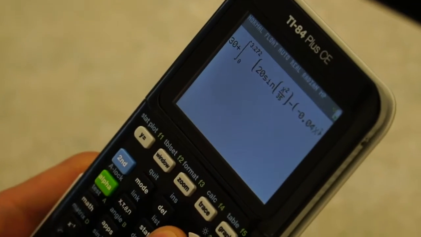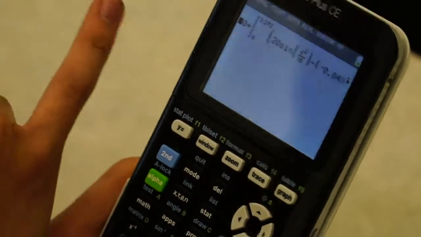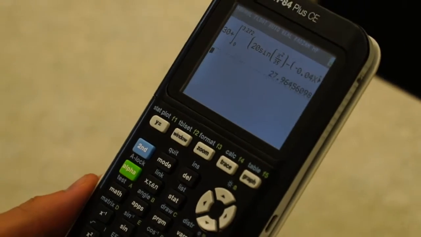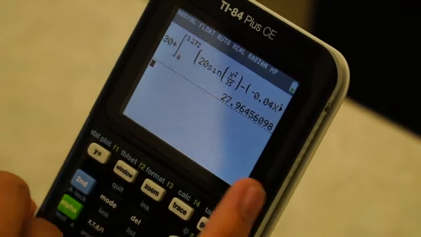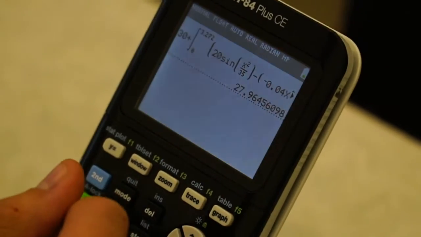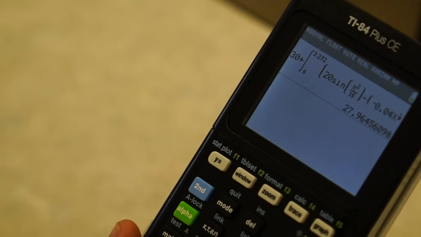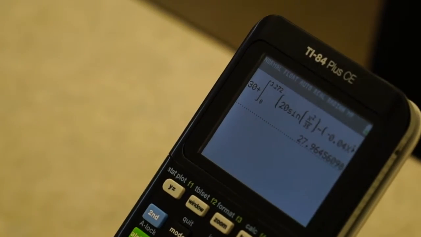And what this will find is the amount of water in the pipe at 3.272 seconds. So all we have to do is hit enter. And then we get at 3.272 seconds, there is approximately 27.965 cubic feet of water in the pipe.